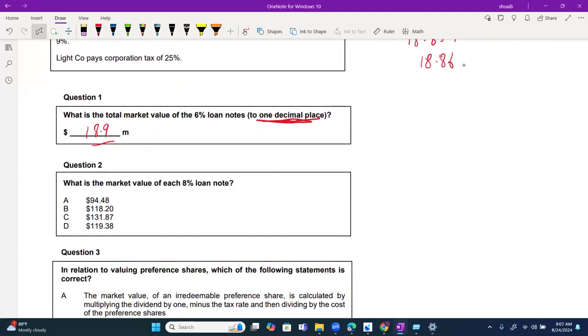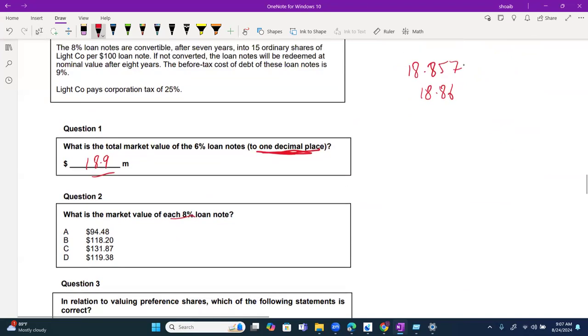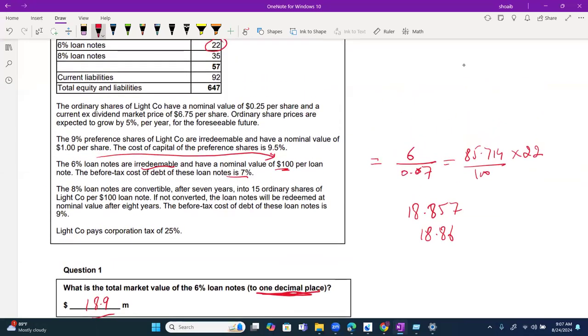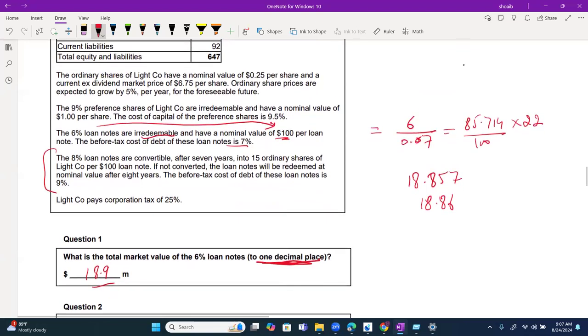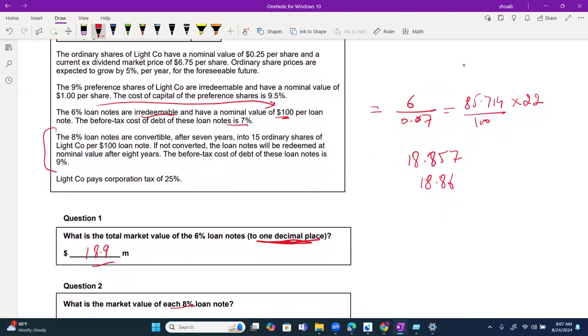What is the market value of each 8% loan notes? Each means one. So 8% loan notes, this is. So loan notes is convertible after 7 years or redeemable after 8 years.